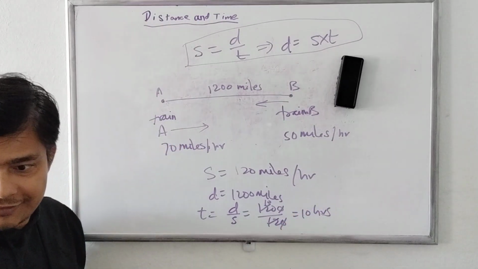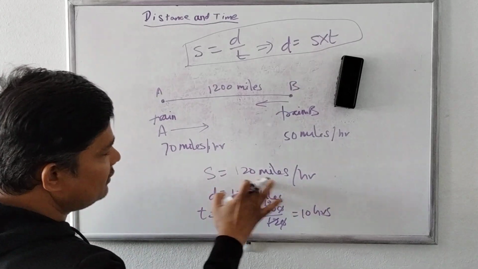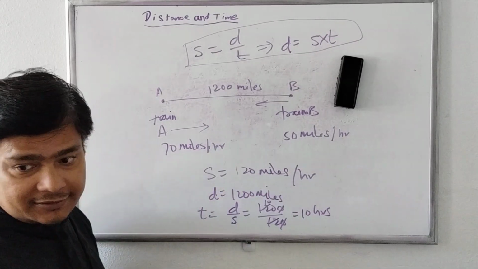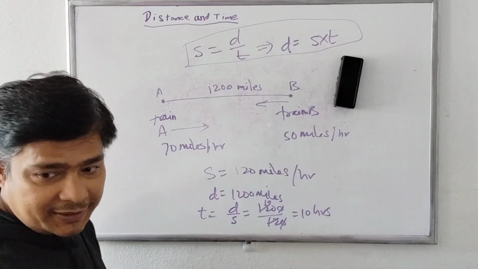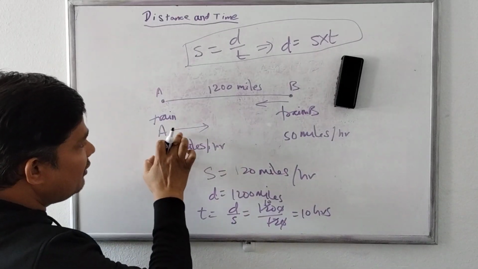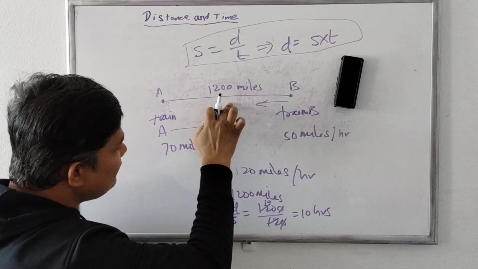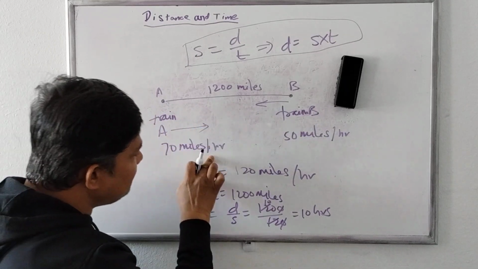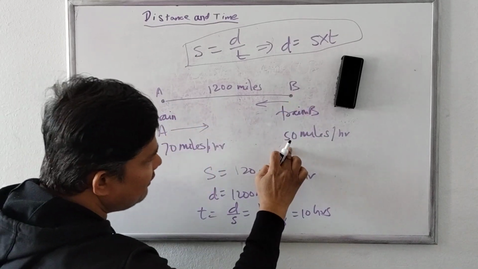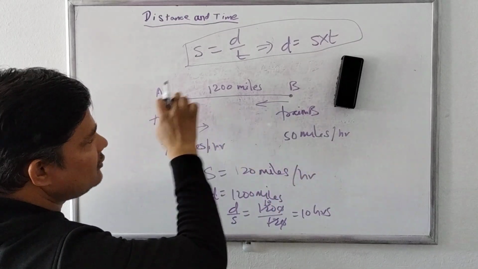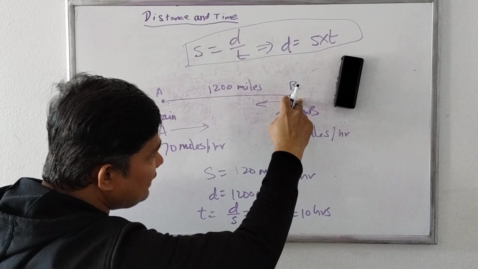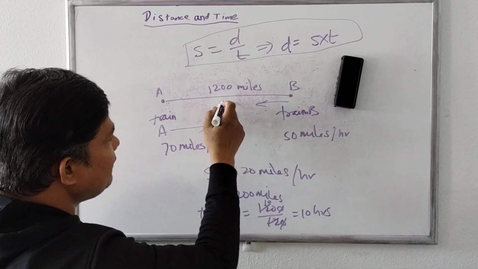Now look at why we are summing the speed of those two trains. Did you understand the logic behind summing? Because every hour this train will go in this direction, let's say in 1 hour it will cover 70 miles, and this train will cover 50 miles. It is not like this train has to go all the way to place B. They will meet somewhere in between.